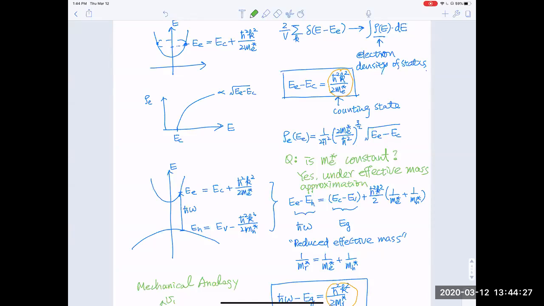For some devices where people are interested in very high energy electron injection into the conduction band, you start to see departure from the parabolic curve, and again corrections are needed. For most of the fundamental theory we cover in this course, we will stay close enough to the band edge so that m_e star is a reasonable constant.